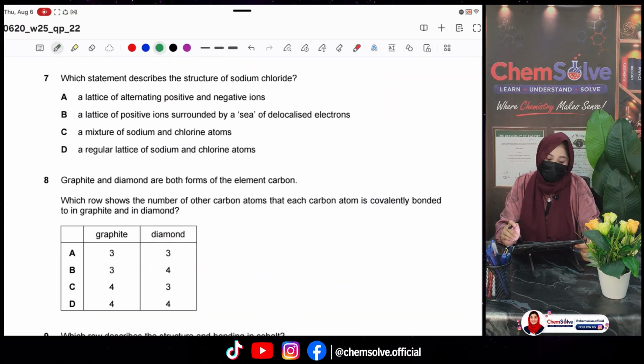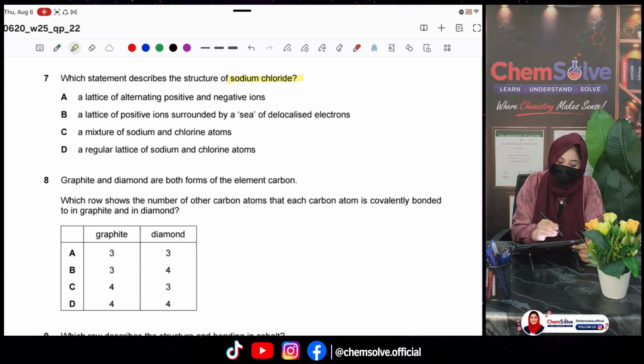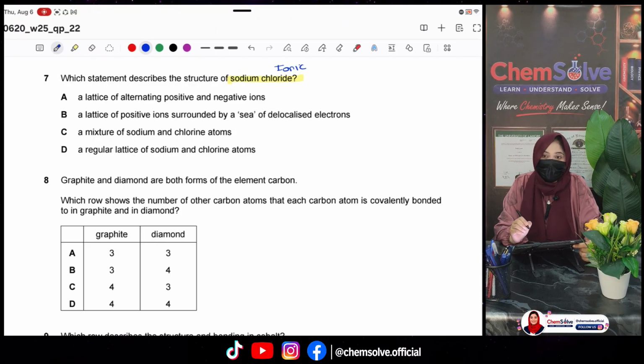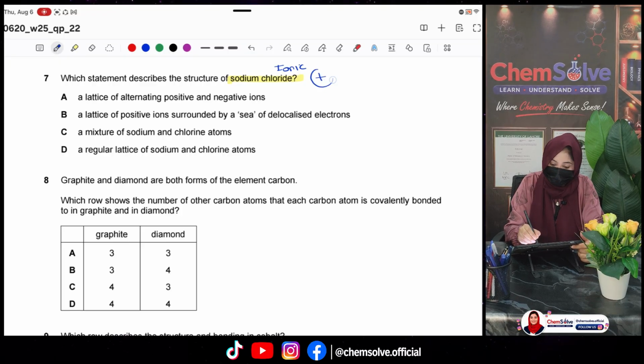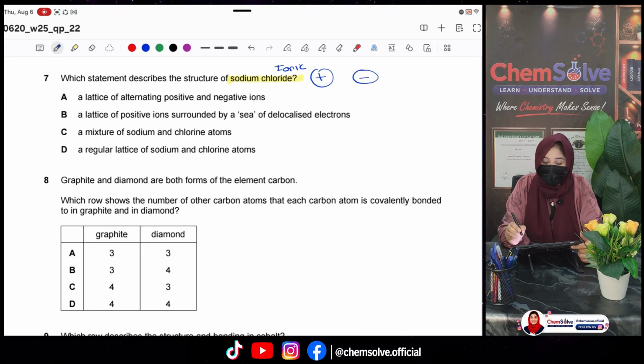Question number 7. Which statement describes the structure of sodium chloride? Sodium chloride is basically an ionic compound. Ionic compounds are formed when a positively charged ion is electrostatically attracted towards a negatively charged ion.